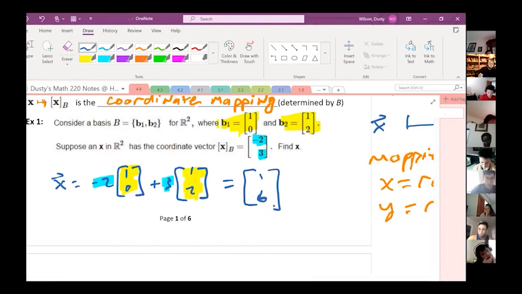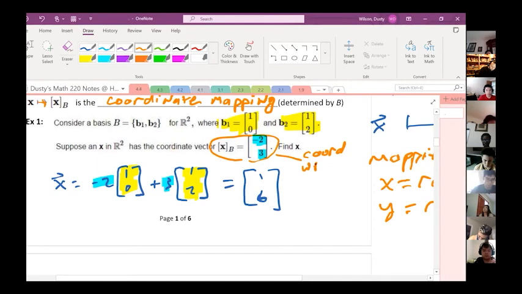So again, the (-2, 3) here, these are the coordinates with respect to b1 and b2. And the (1, 6), these are the coordinates with respect to the standard basis, e1, e2, or i, j, or x, y, or whatever you want to call it.